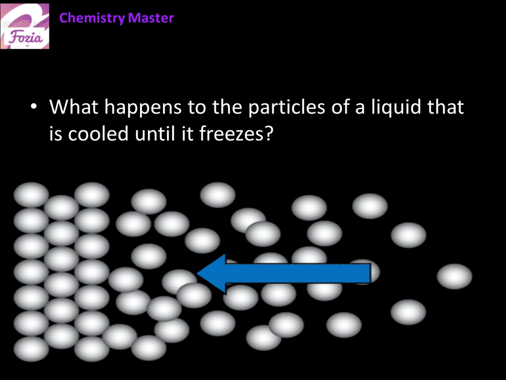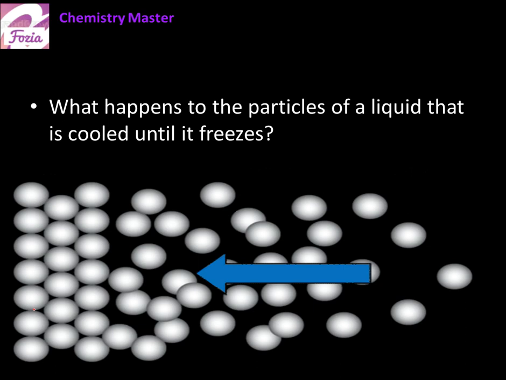The next question that arises in the mind is what are the changes during this freezing process? What happens to the particles? When we heat up the particles of a liquid, the energy increases. But what happens when we cool?